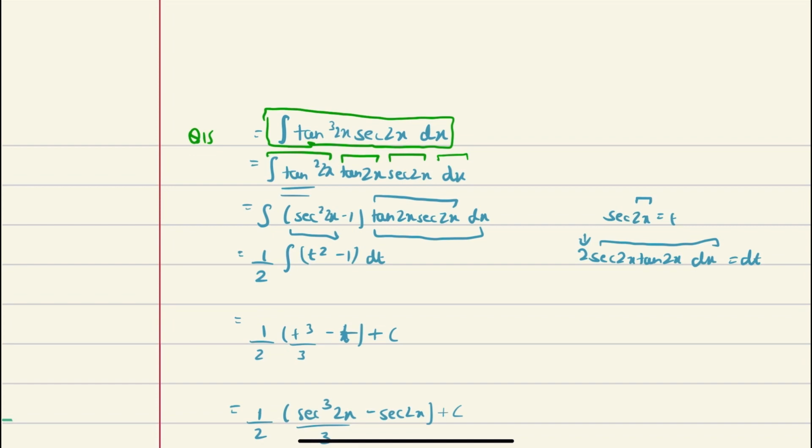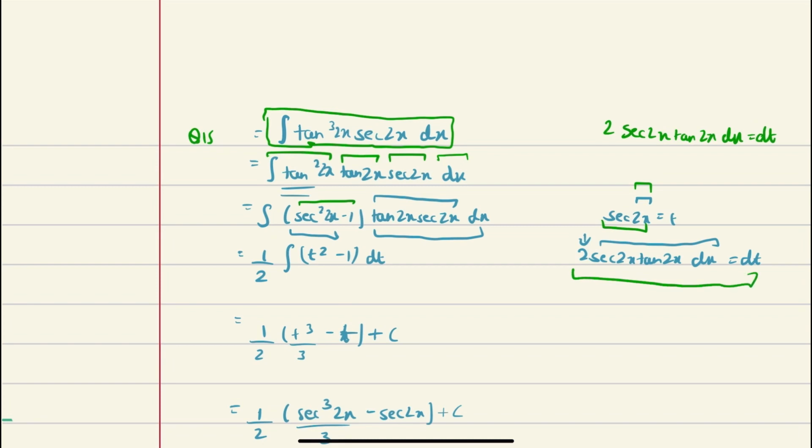Now we split the first tangent squared x into this, and we let it be t. The derivative of secant 2x will be secant 2x tangent 2x, and by the chain rule we multiply by the derivative of the inside. That is what I've written out here.